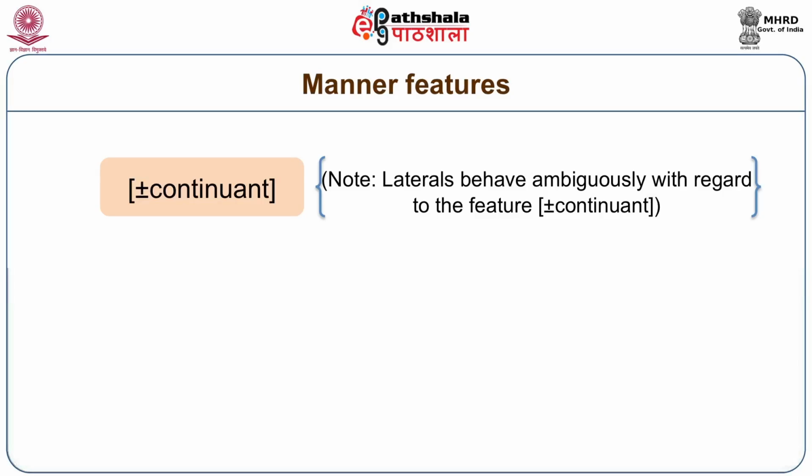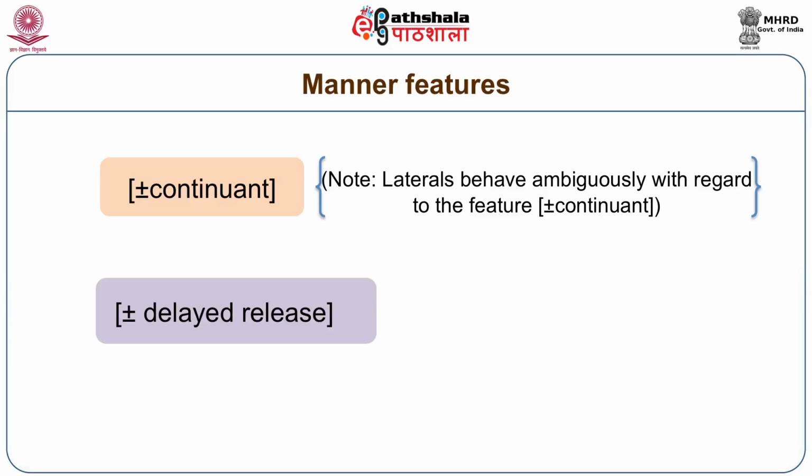Now if we want to distinguish affricates from plosives, then we need another distinctive feature. That feature is plus minus delayed release. That is, whereas affricates are plus delayed release, in the release of articulators involved in the production of affricates, the release is slow, and in the release of plosives, the release is sudden.